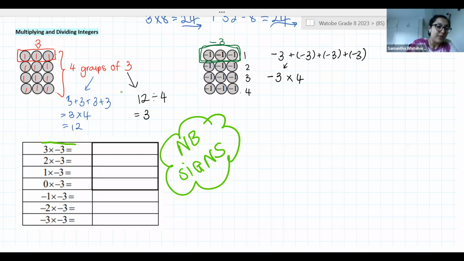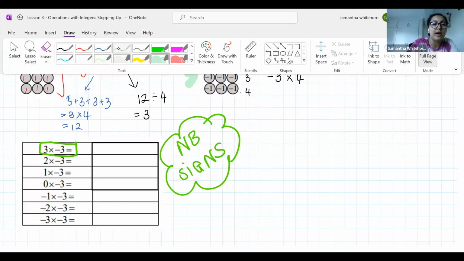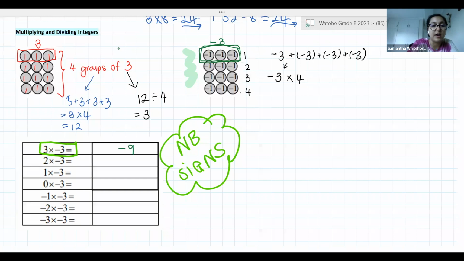So if I go to this table and I've got 3 groups of negative 3, if you want, go to these circles here: 1 group of negative 3, 2 groups of negative 3, 3 groups of negative 3. If I add up how many negative 3s I have, I've got negative 9. So if I were to add my 3 groups of negative 3, I would get negative 9.